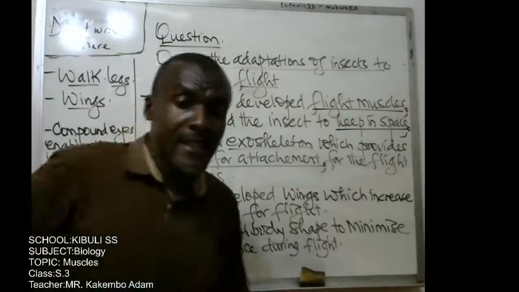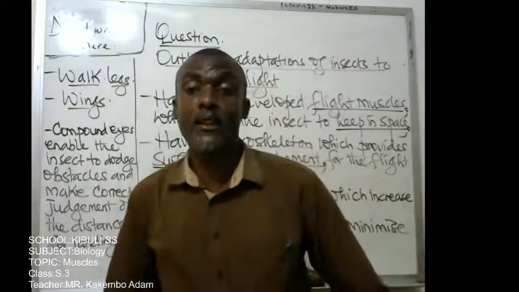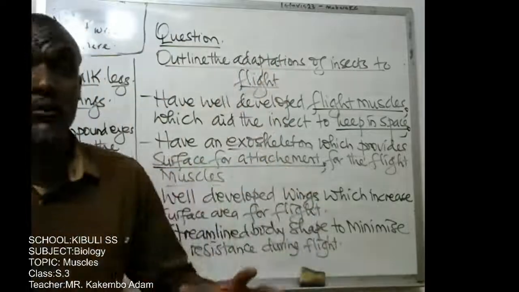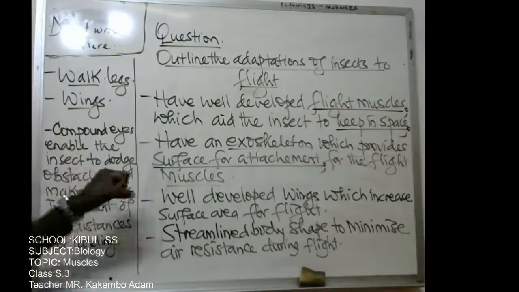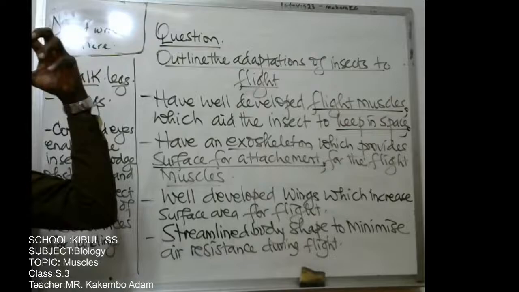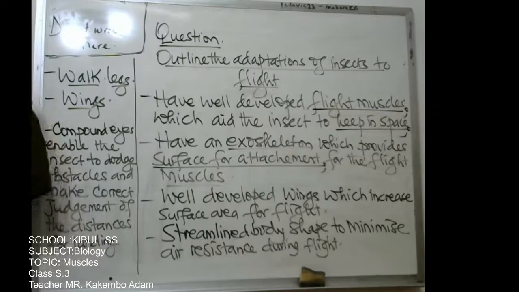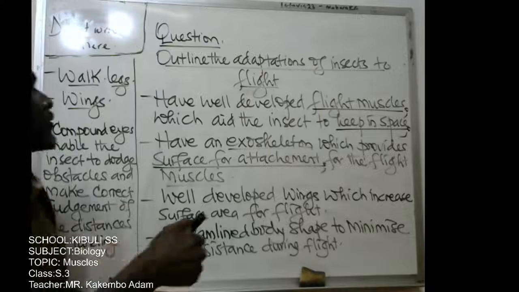Hardly do they collide. Hardly do they damage their bodies or their wings, because of the size of their compound eyes, which are well positioned on the head. Remember, they can be described as dorsal, right? They lie on top and on the sides. They are dorsolaterally positioned.